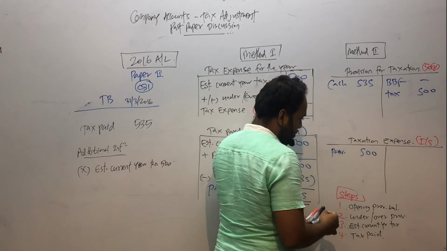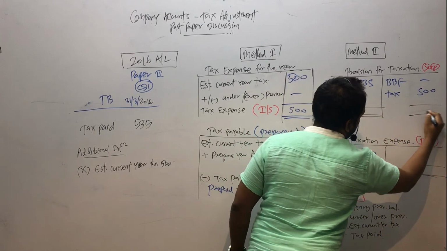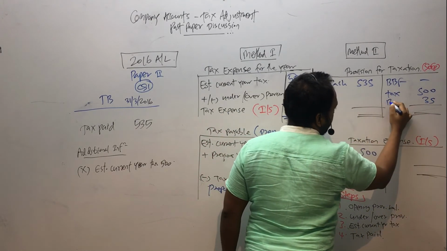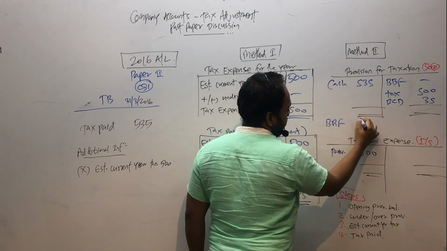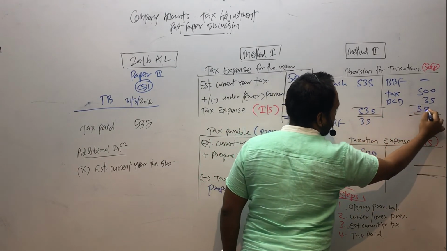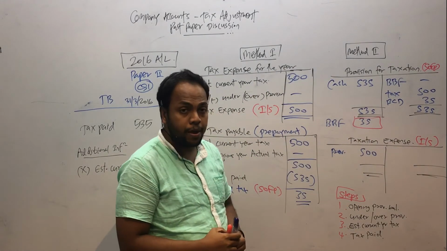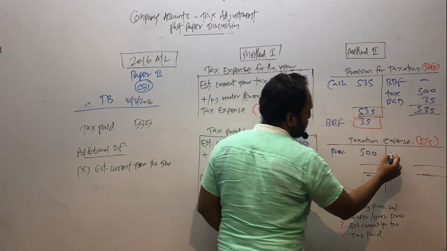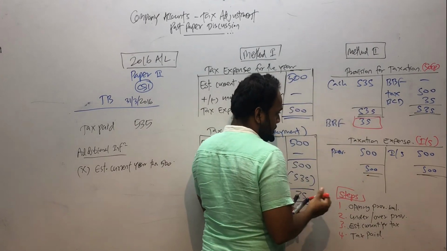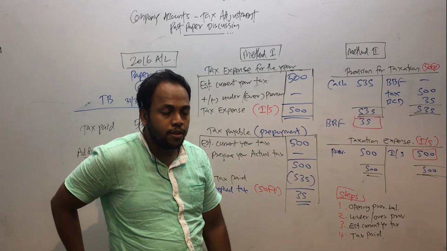If you balance this, you get 35 balance carried down, balance brought forward is 35, total 535. So this is the debit side, therefore it's a prepayment. Then tax expense, which goes to the income statement, 500, that's your expense. So you can use both the methods, right?